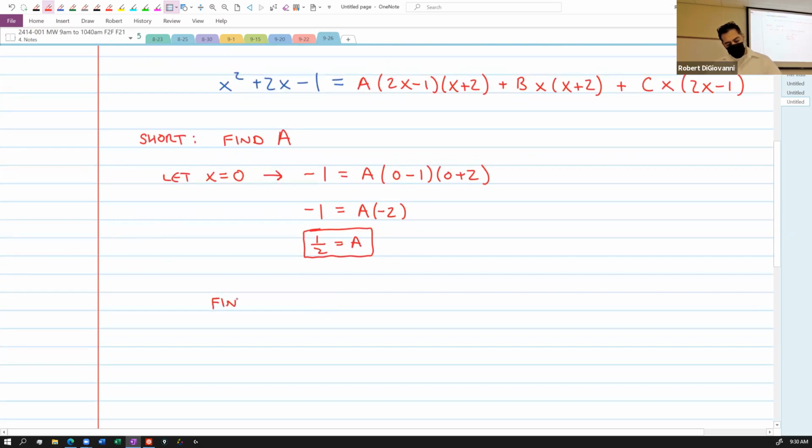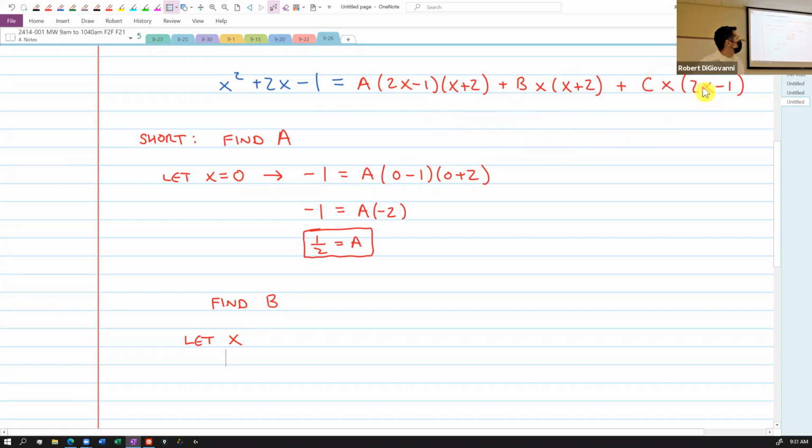So to find B, I'm going to let X be something else. So if I want this B term to stay here, I want to kill the A and the C off. What I look for is what factor the A and the C have in common, which is the 2x minus 1.